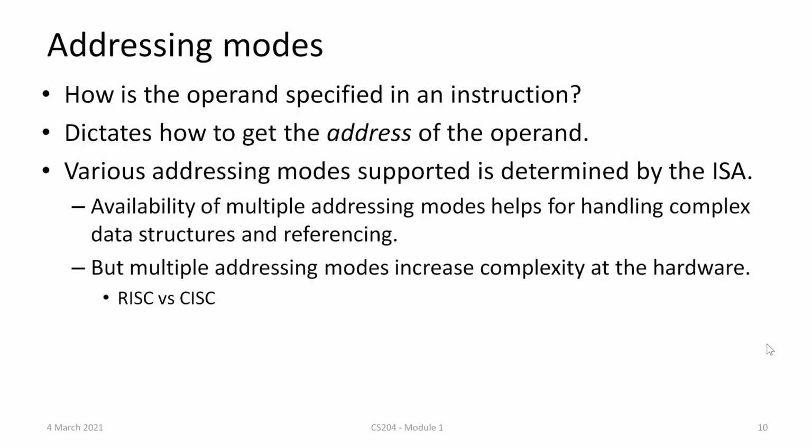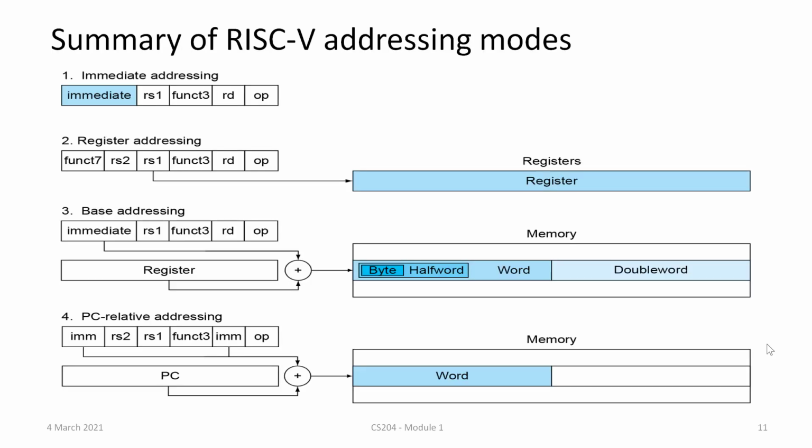In typical RISC ISAs, there will be very few addressing modes, whereas when we go to the CISC style ISA, there will be many addressing modes. I'll give you an example of both. We have already seen the RISC ISA, but here is the quick summary. In RISC, we have only 4 addressing modes, right?